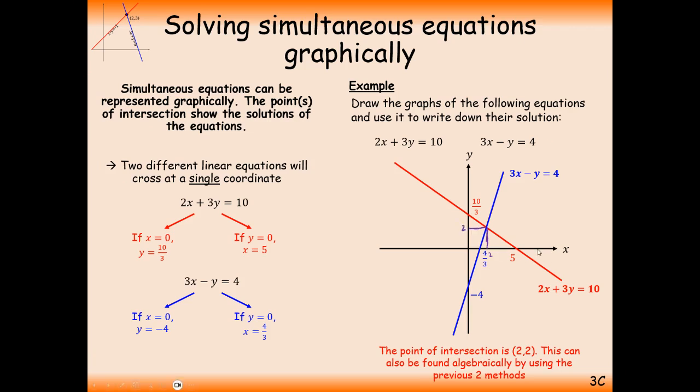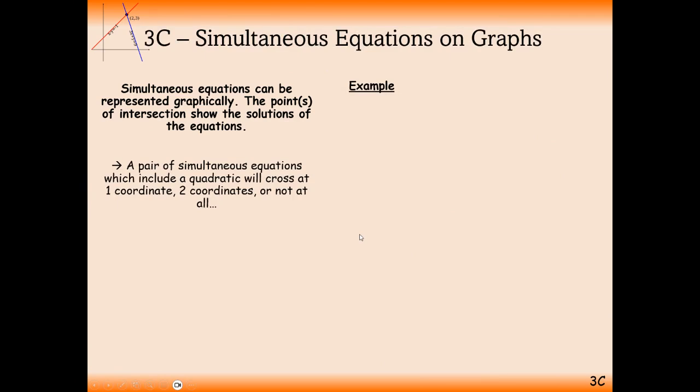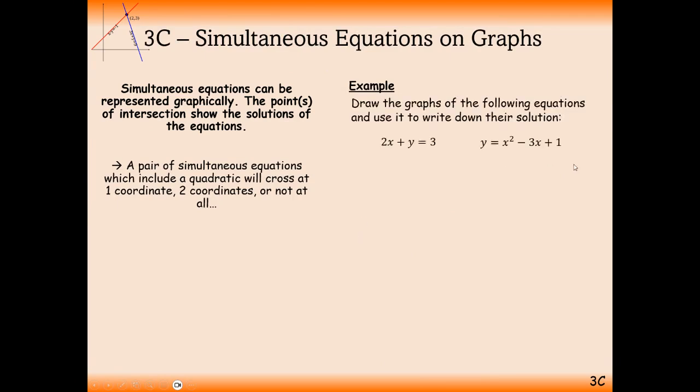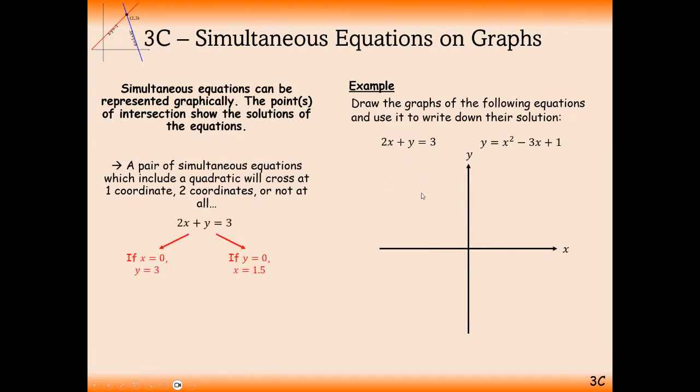In this next example, you have a straight line and a quadratic. Once again, you need a table of values to plot the quadratic and straight line. For the linear line, you can just use the x and y intercepts.